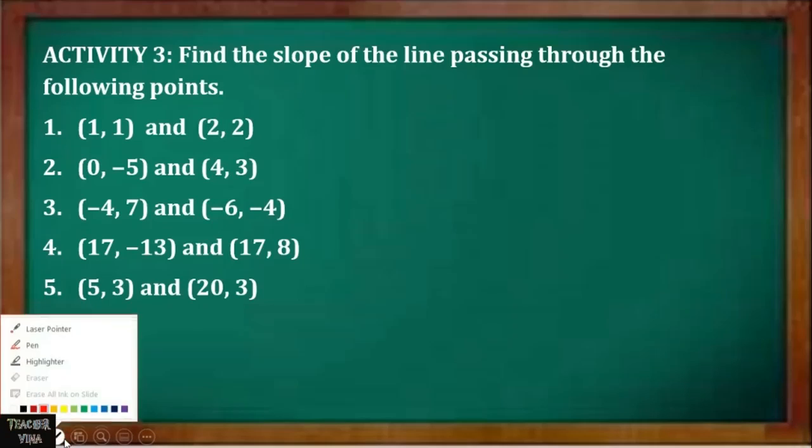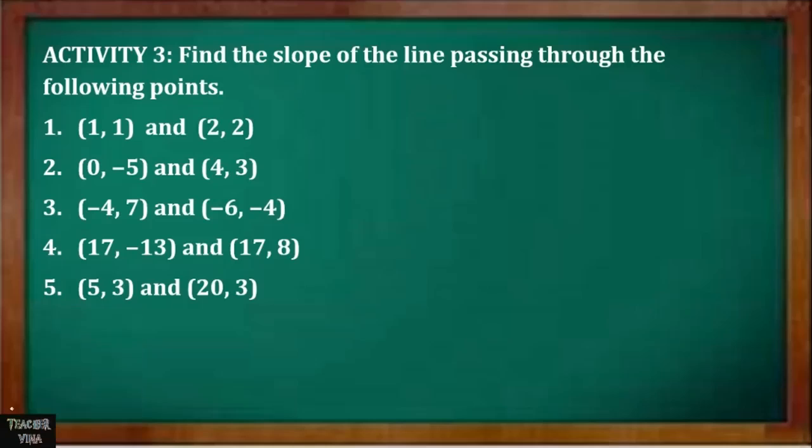Okay, so for the first one, we have the point 1, 1 and 2, 2. So, ito ang ating x sub 1, ito ang ating y sub 1, x sub 2, y sub 2. So, ipapalit lang natin yan doon sa formula. Pwedeng ito yung gamitin natin.